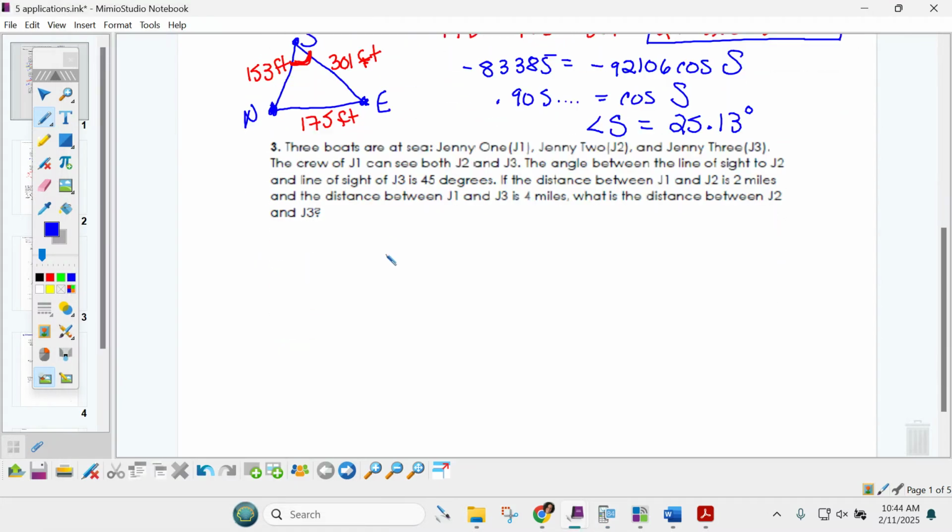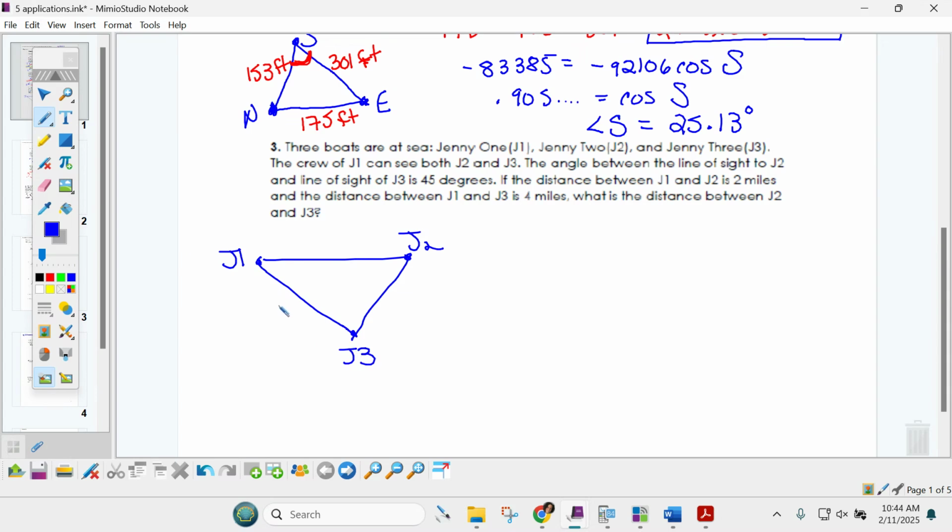Okay, one more time, pause the video, try number 3. All right, there are 3 boats at sea. Jenny 1, Jenny 2, Jenny 3. The crew of Jenny 1 can see Jenny 2 and Jenny 3.